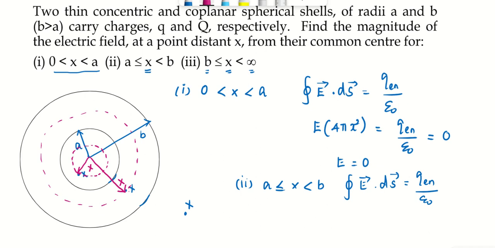Now I write E times 4 pi x squared is equal to q enclosed. The charge enclosed by the Gaussian surface is small q, because that is the charge on the inner shell, divided by epsilon 0. So E equals q by epsilon 0 times 1 divided by 4 pi x squared. This is for the second case.